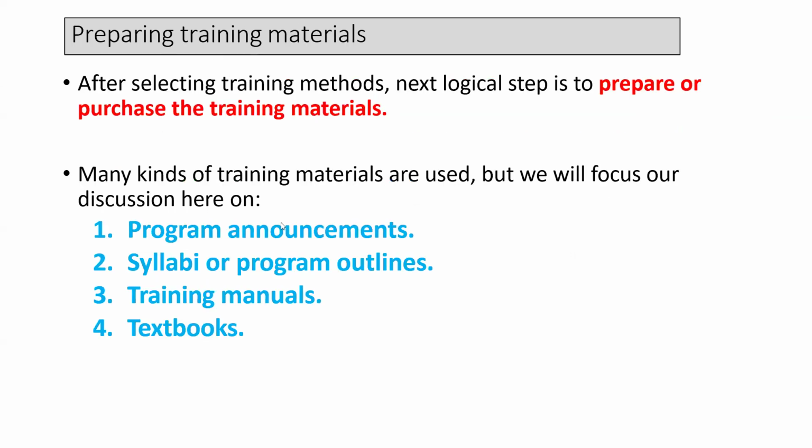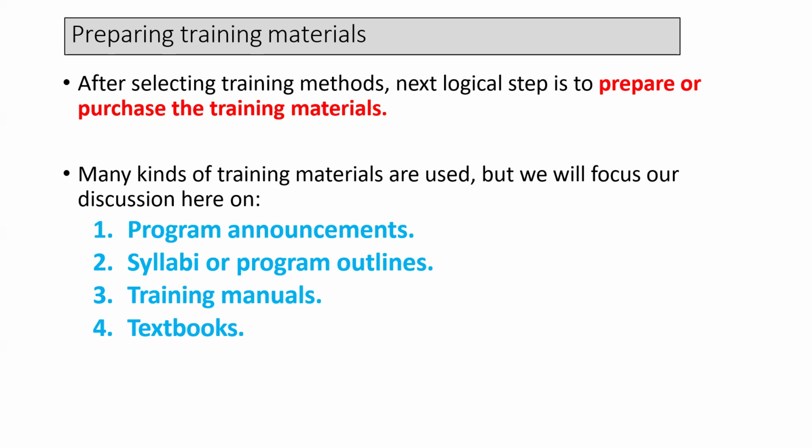Then preparing the materials, simply the training materials. If the training method is auditory or visual... suppose 100% of the participants are auditory learners. In that case, what material do we use?